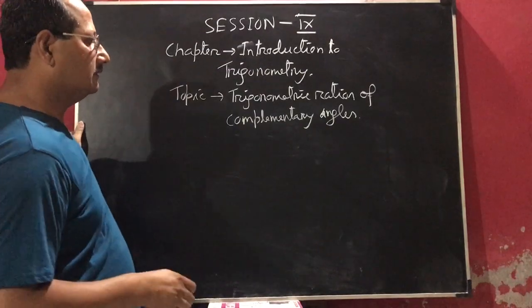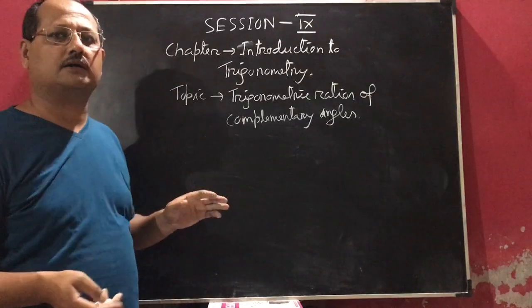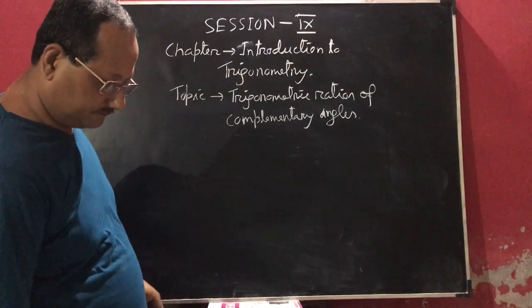In a right angle triangle, one angle is 90 degrees. The other two acute angles are complementary to each other.